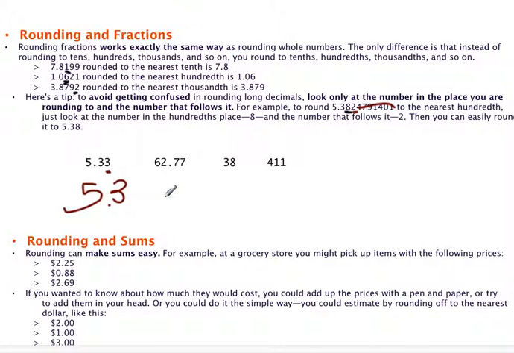62 and 77/100. If we're rounding to the nearest whole number, okay? So these are actually the numbers that you look at to determine what your nearest whole number to the left of the decimal will be. So think to yourself, is this number going to be closer to 62 or 63?